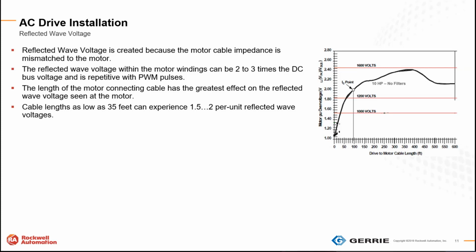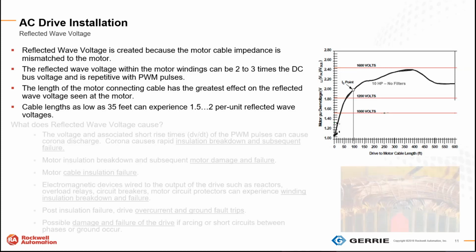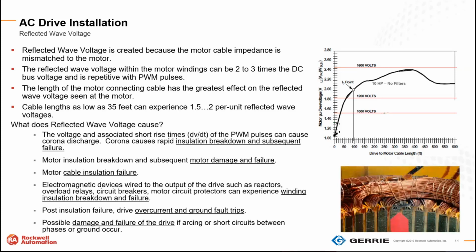The reflected wave voltage peaks at 2.4 per unit at about 400 feet of cable. So it is highly dependent upon the length of cable as to what the motor experiences as far as that reflected wave, and how this exposes itself.